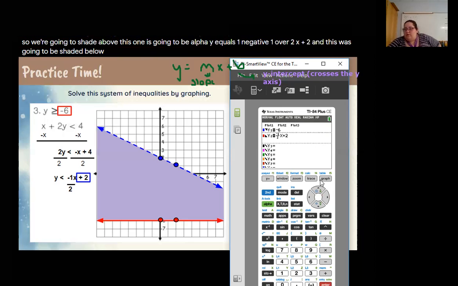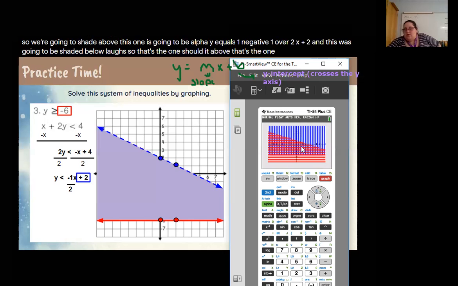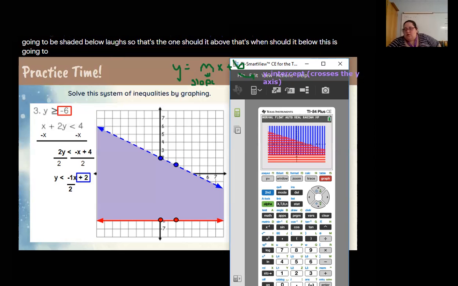I'm going to hit graph. So that's the one shaded above. That's the one shaded below. This is going to be the matching shaded region, which is exactly what I have here. So that's how we use our calculator to check our answer and find our shaded region.